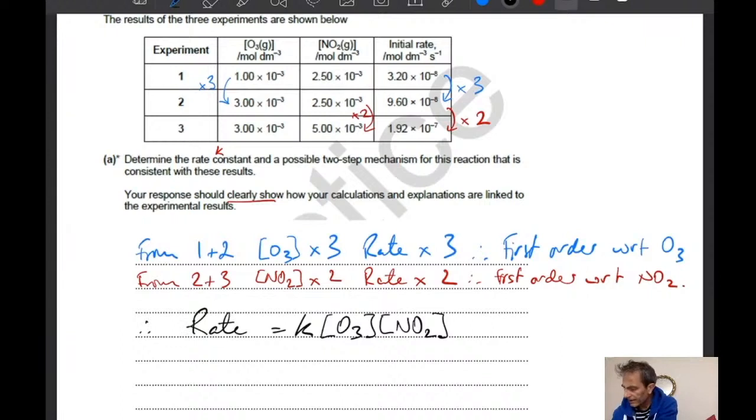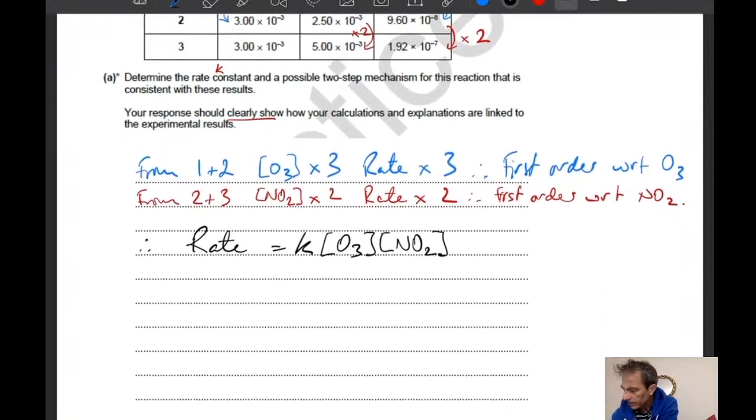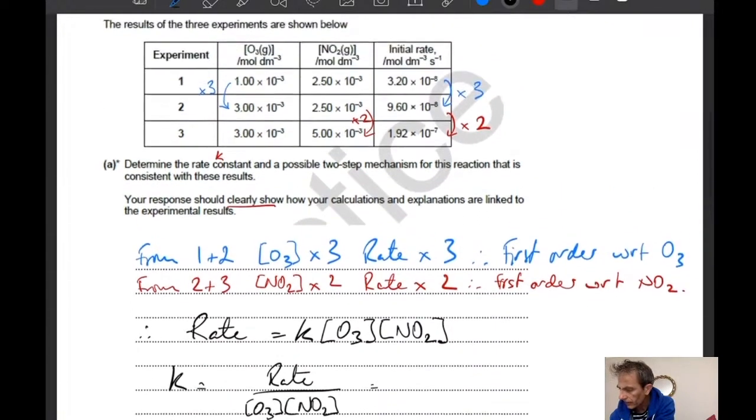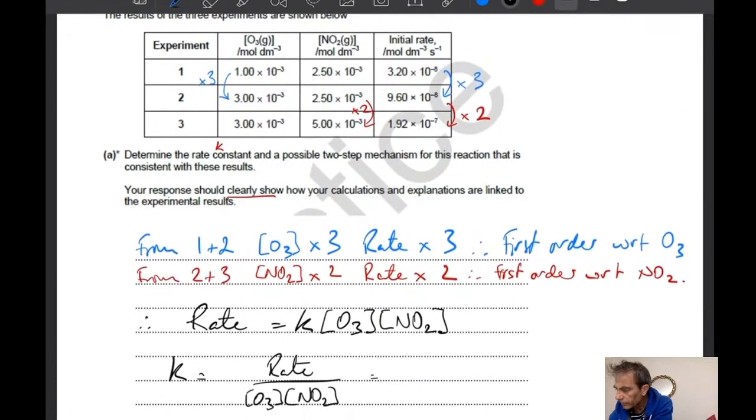Okay, so to calculate k, we need to rearrange this, make k the subject of the equation. So k equals rate divided by O3 concentration times NO2 concentration. So I'm going to take row 1, could take any of the 3 experiments, but I'm just going to use row 1.